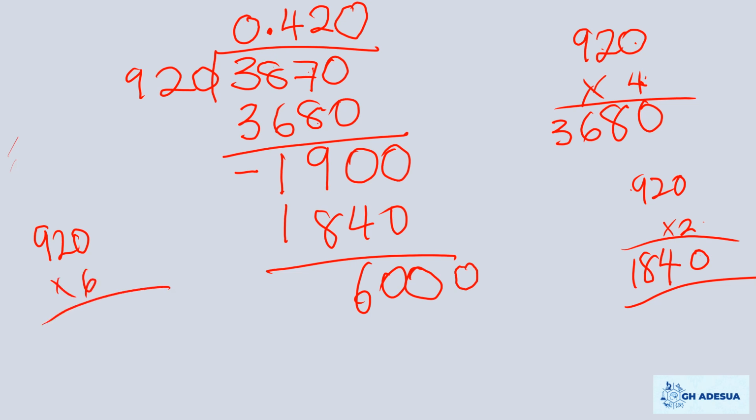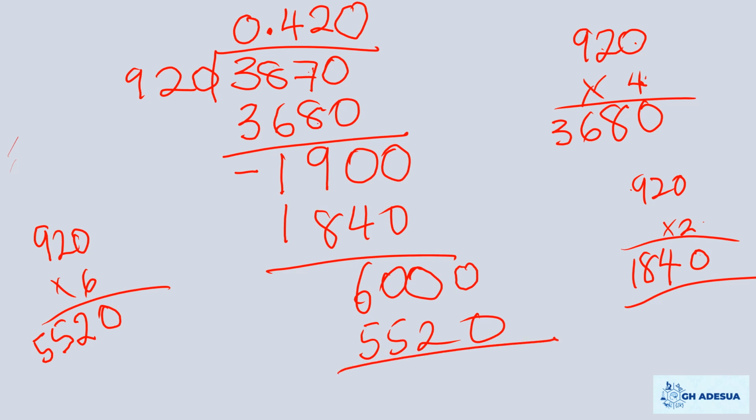6 times 0. 6 times 0. 6 times 2. So I write a 2 with 1. 6 times 9. Hello, Kweku. 6 times 9, 54 plus 1, 55, right? 5520.